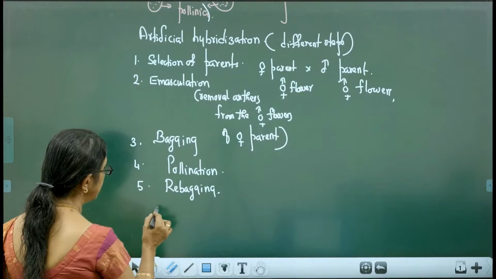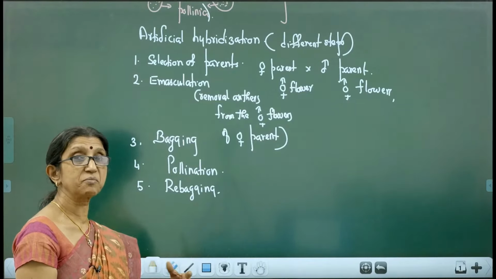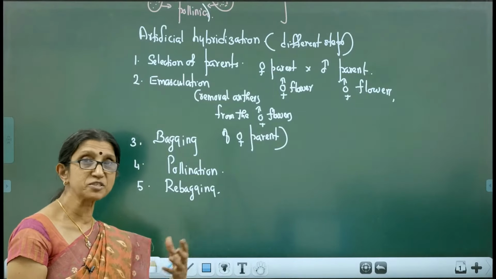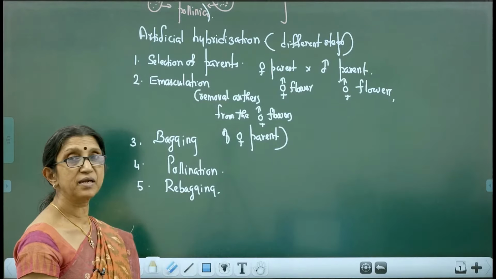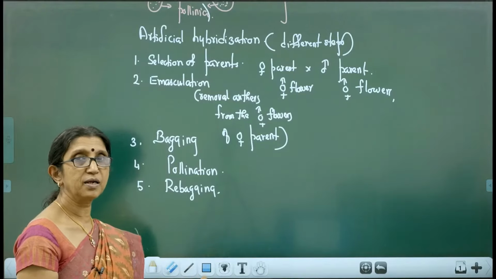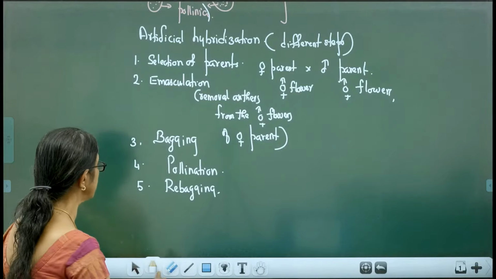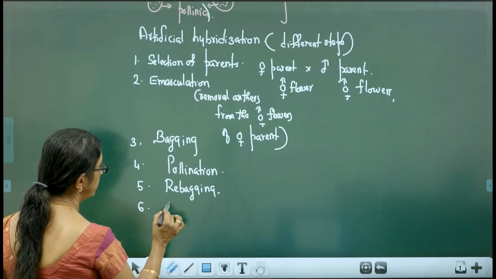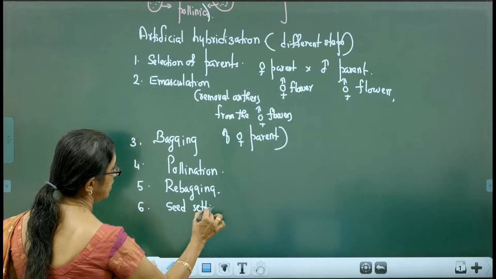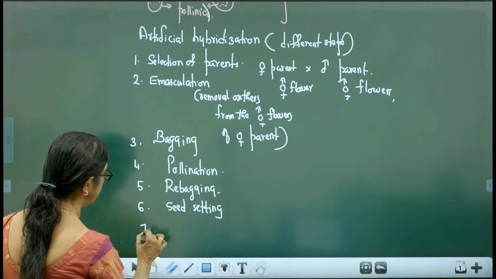So rebagging, and after a few days, we can see the stigma becoming dark in color, an indication that the stigma has lost its viability. By that time, we can remove the bag permanently and allow the plant to undergo fertilization, then fruit formation and seed setting. Collect the seeds and raise the next generation.